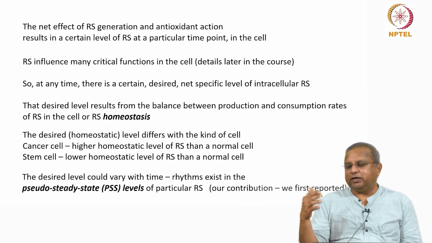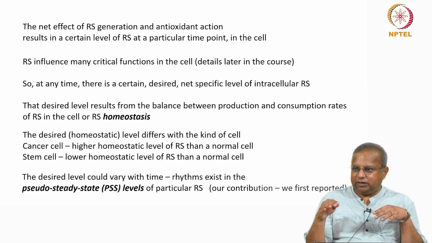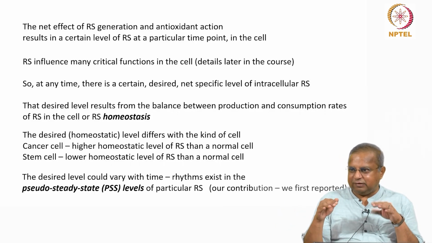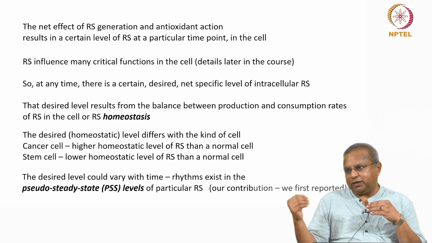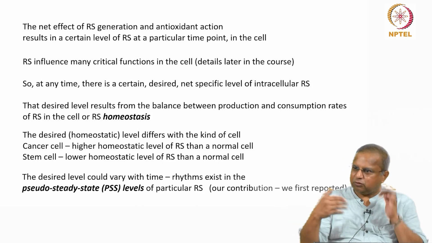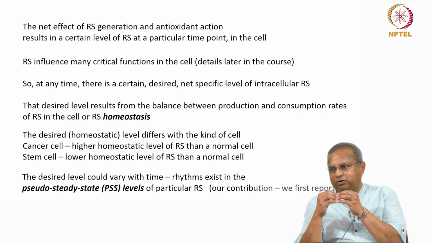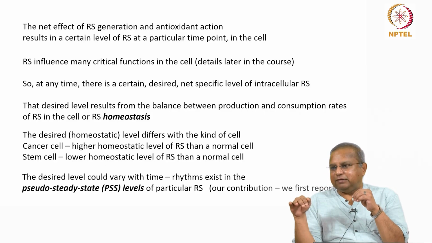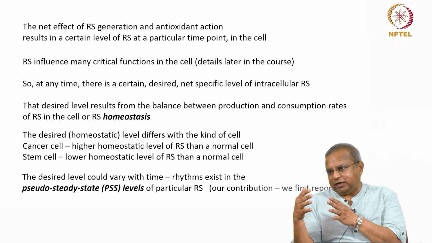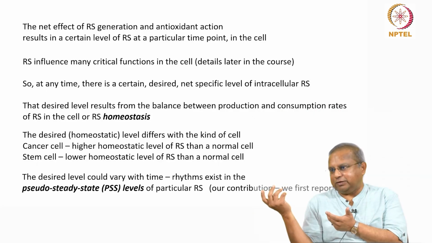It's essentially the balance that is achieved by appropriate production rates and appropriate consumption rates. Consumption could be through other reactions in the cell, and so on. So that is what we mean by a homeostatic level. Homeostasis is a certain balanced level, and you have homeostatic levels for various different species.